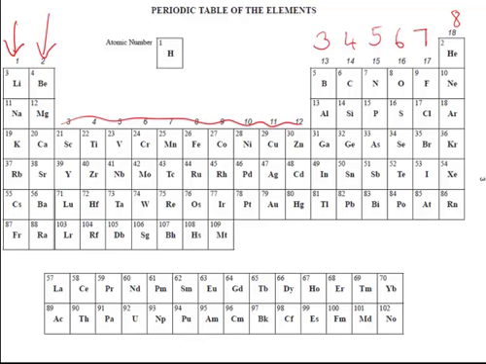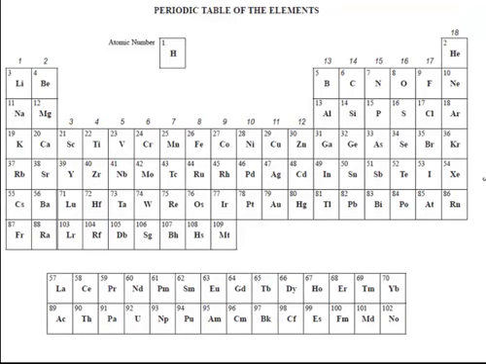And when we taught you about ions, the basic understanding was that anything in group 1 would lose an electron and get a charge of +1. Anything in group 2 would lose 2 electrons and get a charge of +2.